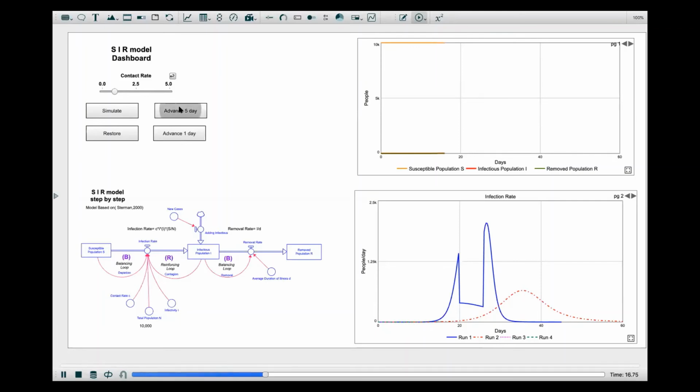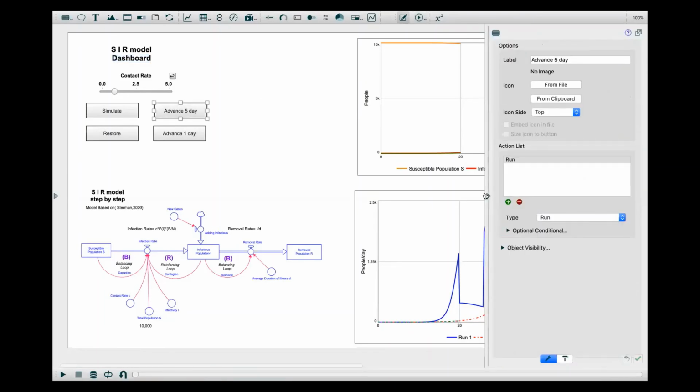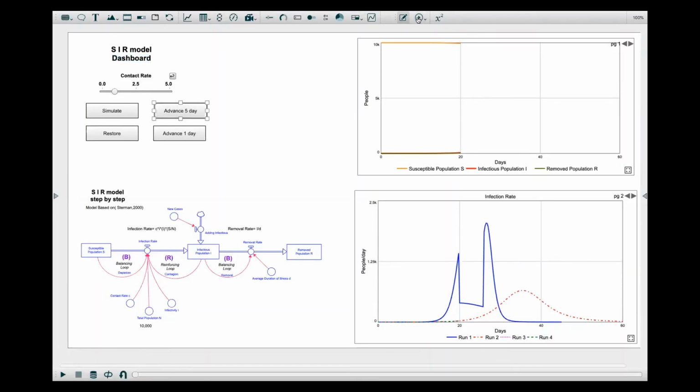Since we have a low contact rate, once I hit the speed dial, you see the green chart building up, very slowly. We have another color, which is the yellow.